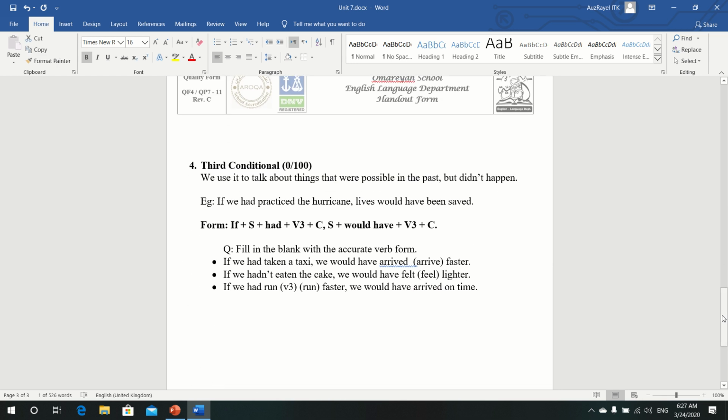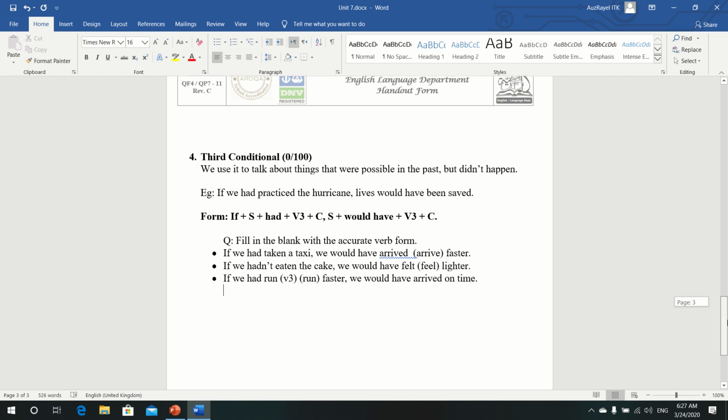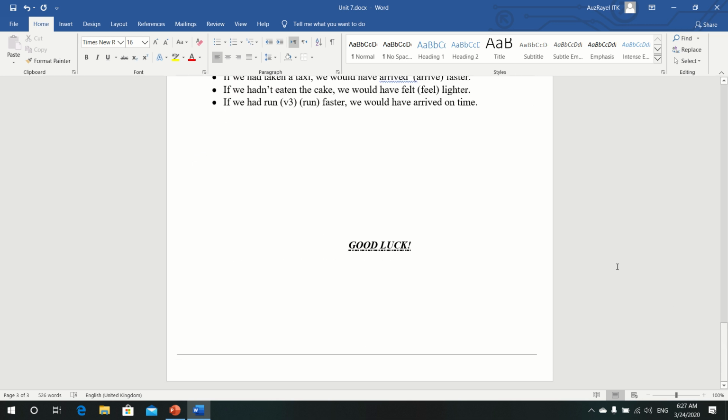And for the third conditional we use had plus verb 3 and would have plus verb 3. So please put all the forms above each other and compare them with each other and their uses, and everything will be okay for you.